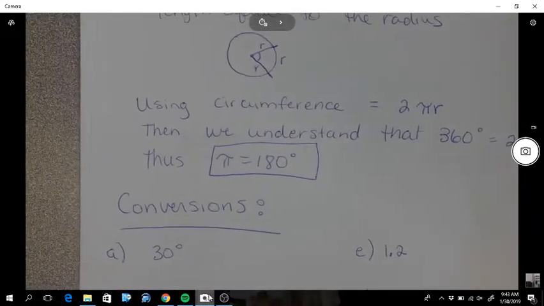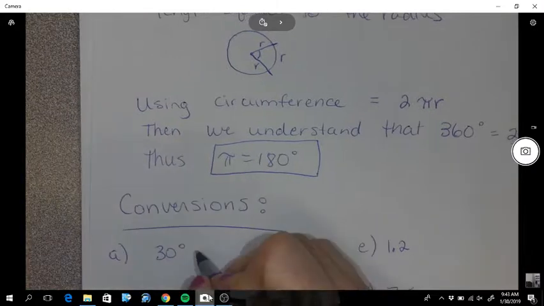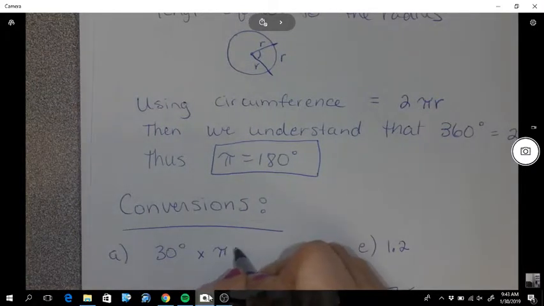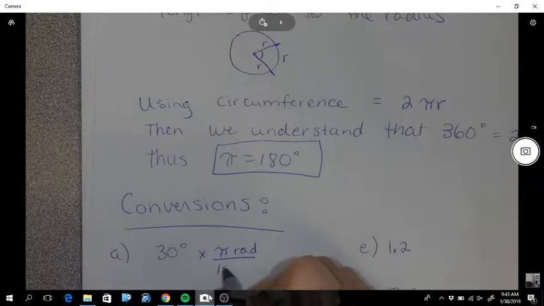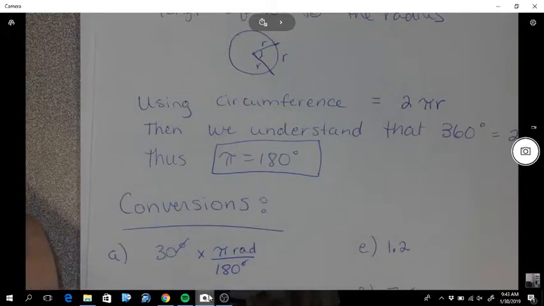So let's take the first one here, 30 degrees. To convert that into radians, we're going to times by pi and divide by 180 so that you can see that the degrees will end up canceling.